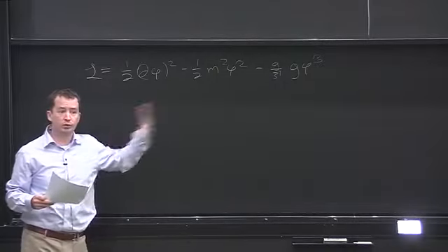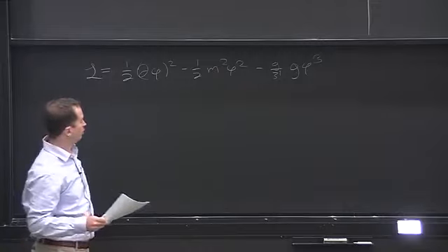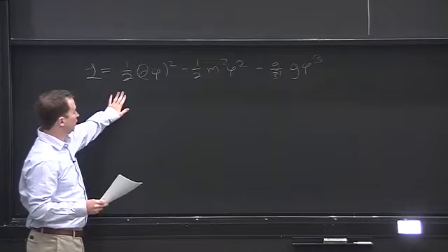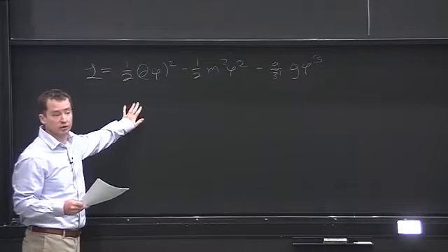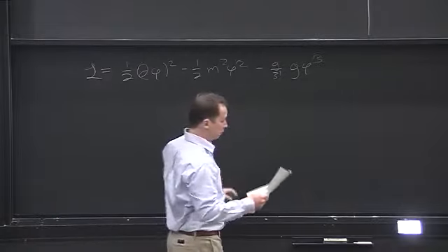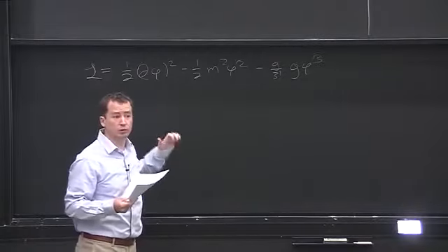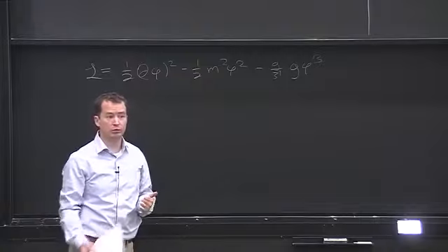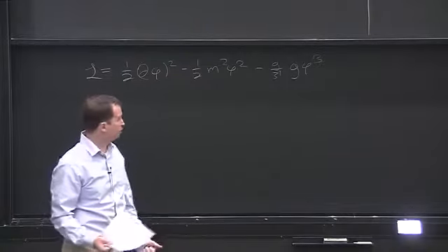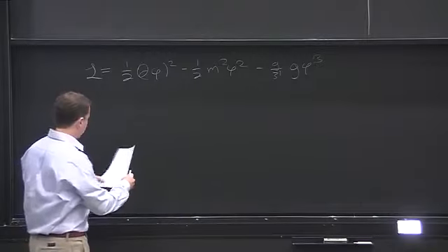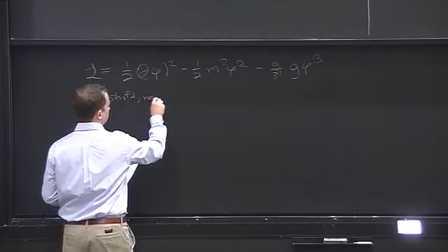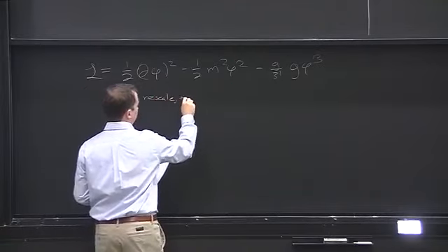But if we want to use the LSZ formula as I presented it, this theory will not satisfy the assumptions for general choices of M and G. And so if we wanted to do perturbation theory using the techniques we'll develop tomorrow in order to compute the time-ordered expectation values, what we have to do is shift and rescale, and rename.